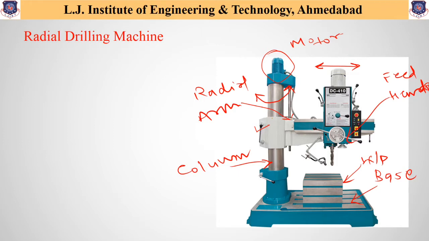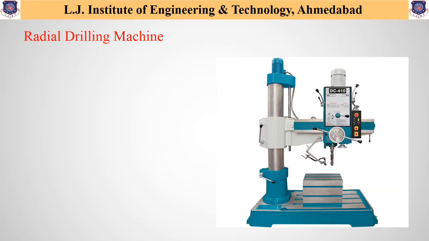Similarly, on this head section, different parts are also available such as the spindle, chuck and drill. Now if we discuss the movements that are possible in this radial drilling machine: the first movement is the vertical movement about the column.